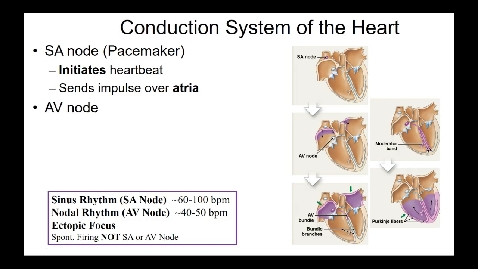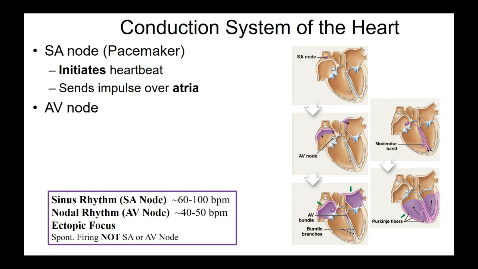So first, we're squeezing up here to push blood into the ventricles, and then eventually we need to squeeze the ventricles to eject blood out to systemic tissues, or in the case of the right ventricle, to the lungs.